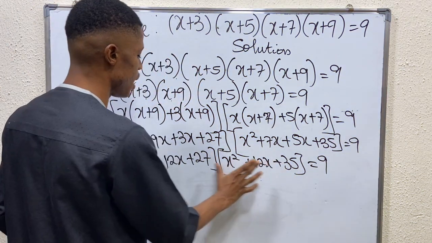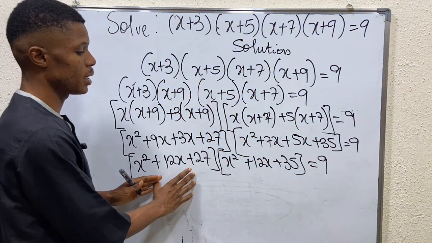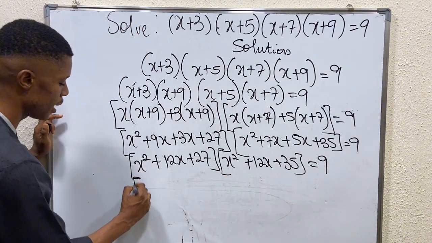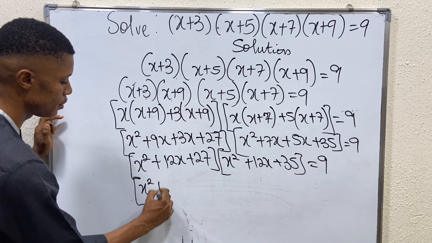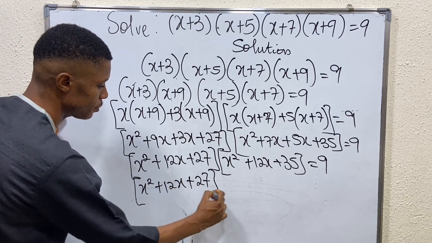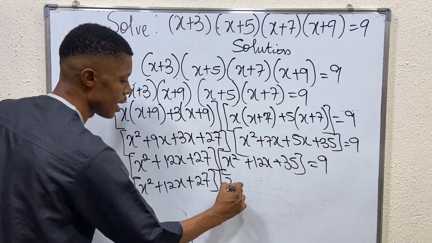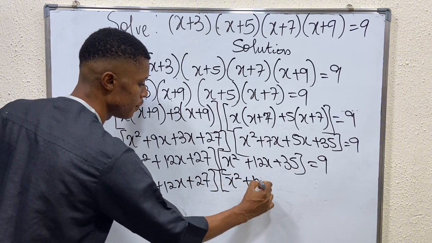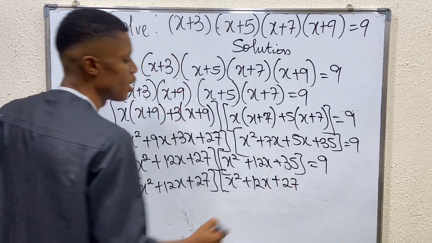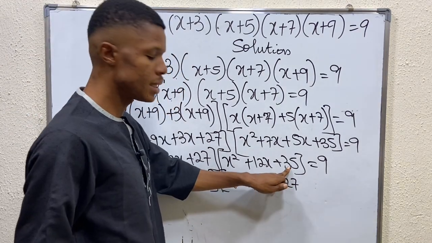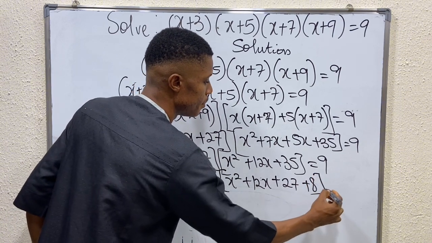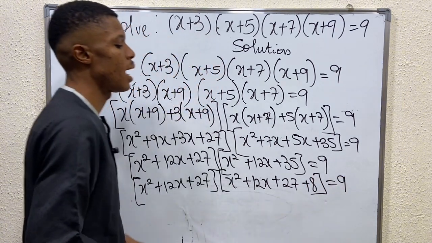We can rearrange the first bracket in terms of the second bracket: (x squared + 12x + 27)(x squared + 12x + 27 + 8) equals 9. What can we add to 27 to get 35? It's 8, right? Plus 8.